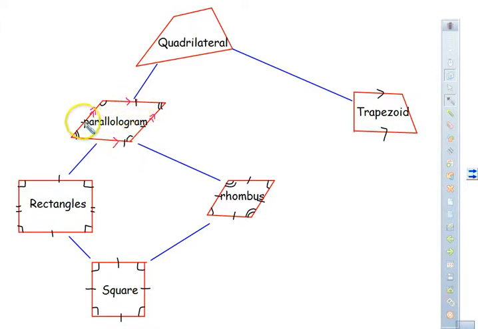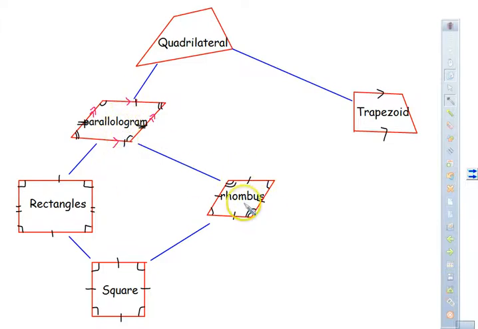I can also put another line on here, so that there's two lines, meaning that this side is congruent to that side, but not congruent to the others. That would still make it a parallelogram. Okay. The opposite angles are also congruent. So the definition of a parallelogram is simply opposite sides are congruent and parallel.